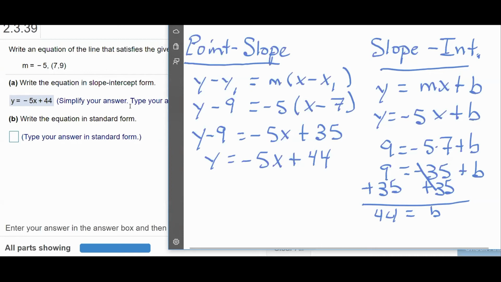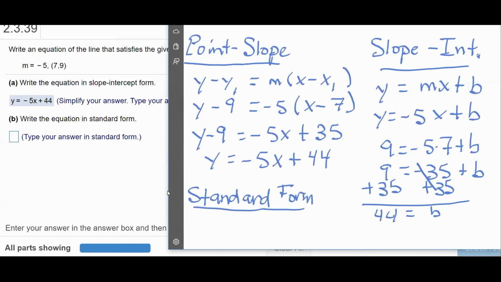Anyway, as for the standard form, standard has the variable terms x and y on the left and the constant term, the one with no variables, on the right.